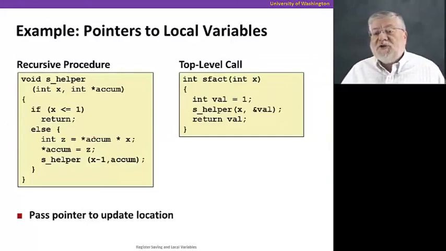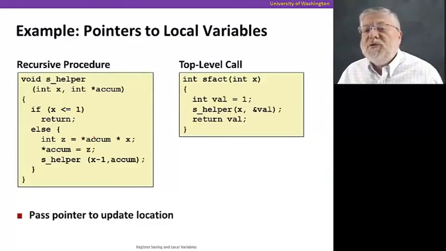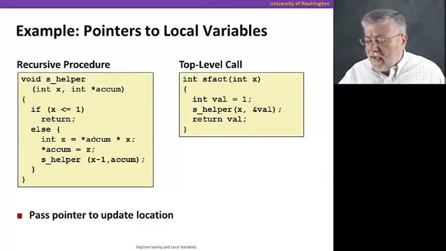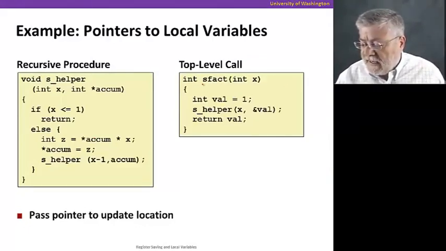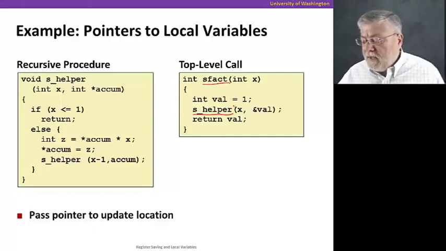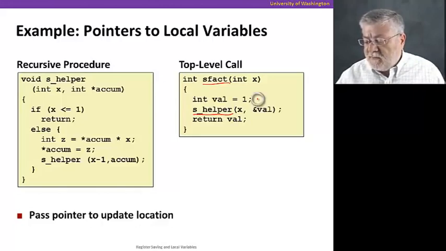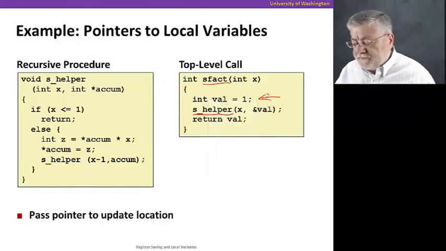All right, now let's turn to local variables. Here we have two functions. We have a factorial function called sfact, which calls a helper procedure inside of it. The way this works is that we create a starting point for the factorial, in this case the number 1, here at the beginning of sfact.